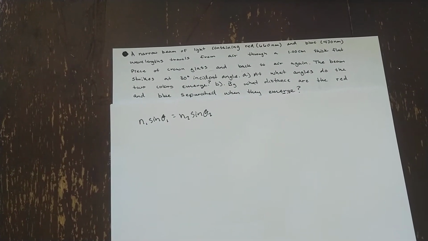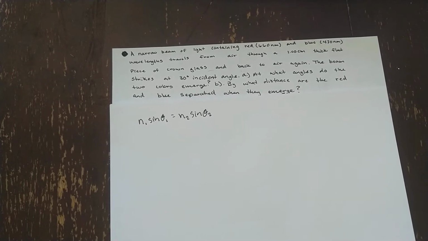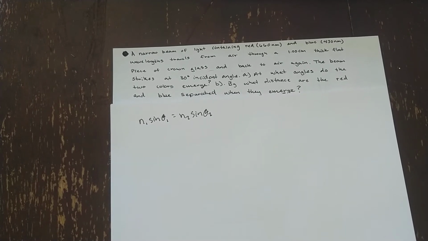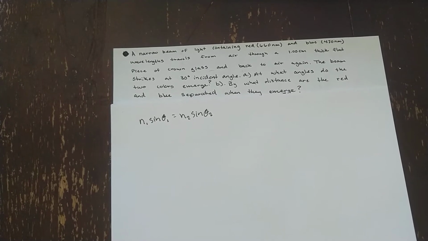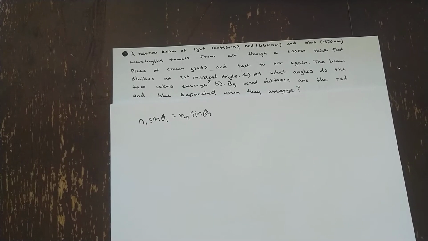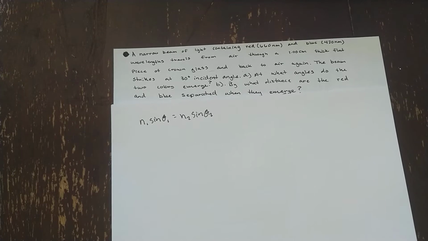One thing I want to note, if you've never done these kinds of problems before, is that the n's are considered the index of refraction. n1 is medium 1, which is the air, and n2 is going to be the glass. There's always the incident angle, theta 1, and theta 2 is the angle of refraction. So just keep that in mind whenever you're setting up these kinds of problems.